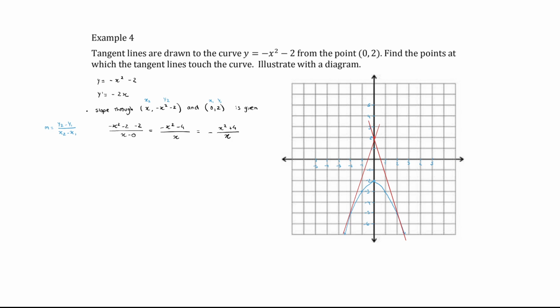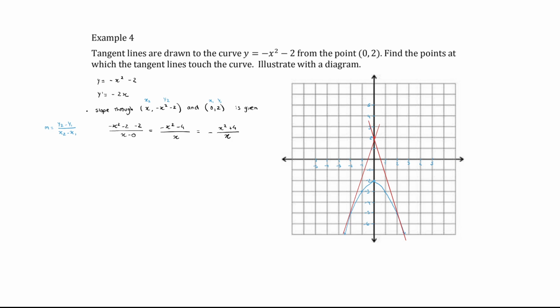All right, so this is what the formula for the slope would be, but we already know the value of the slope, right? The value of the slope needs to be equal to negative 2x, because that is going to be the slope of the tangent to this function. So any tangent to this function is going to have a slope that's given by negative 2x, because that's the derivative of the function, right?